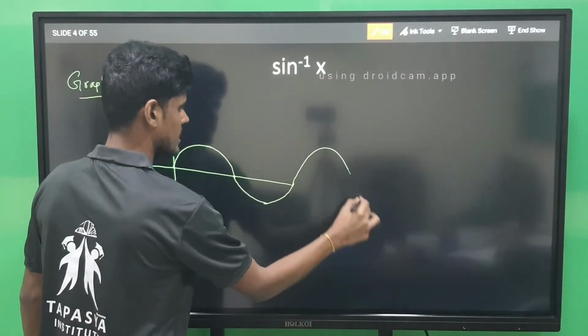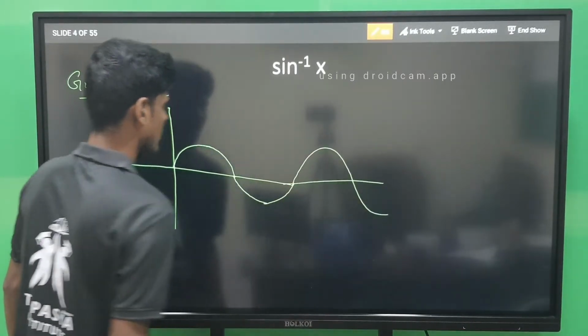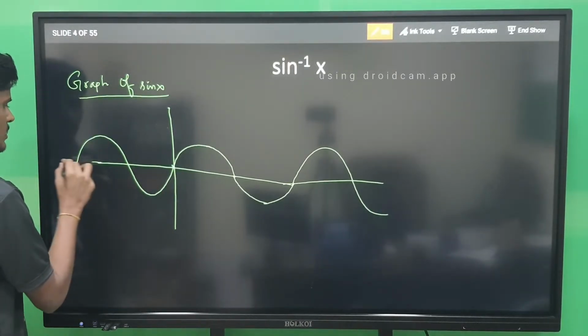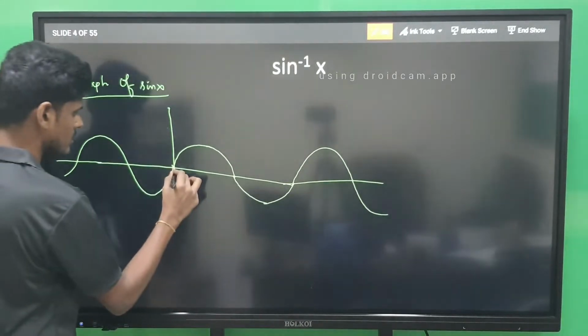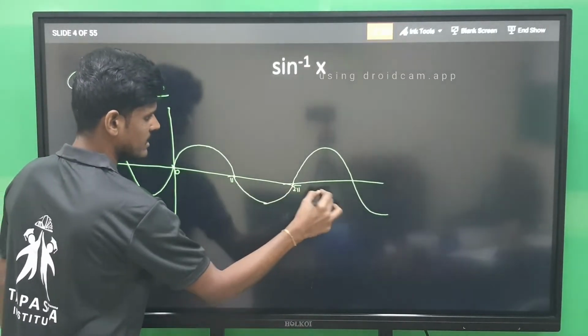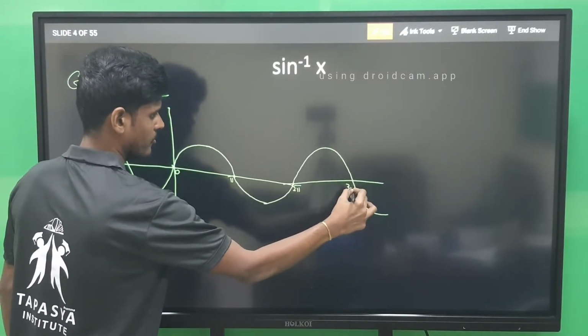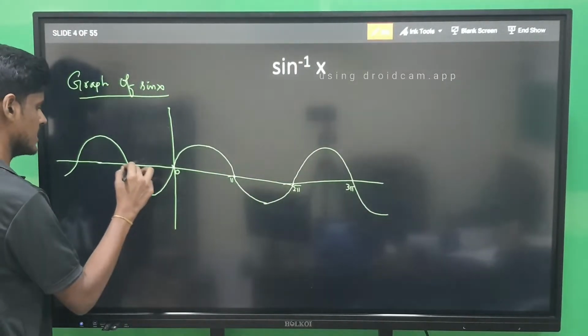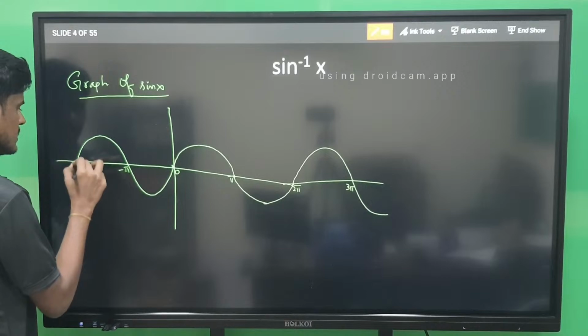So the graph goes on like this. Similarly on the negative axis, it is also like this. 0, 180, 360, 540, it goes on like this. Similarly on the negative side also, minus 2 pi, etc.